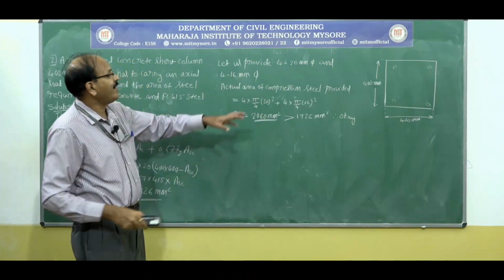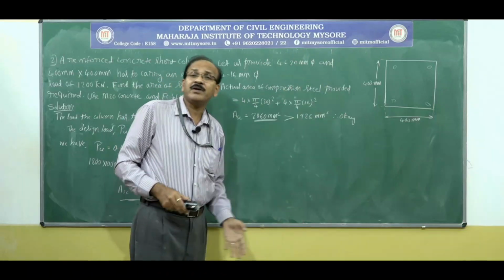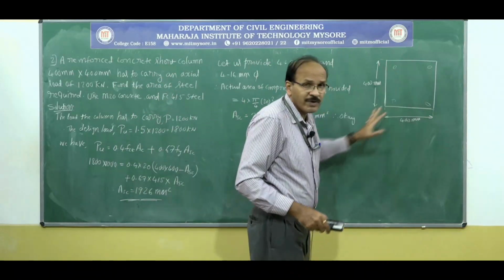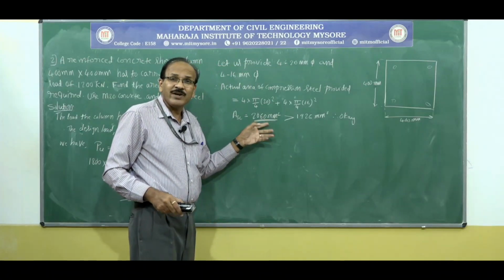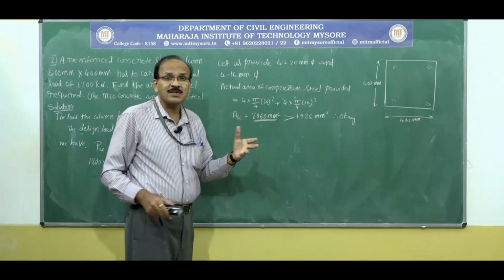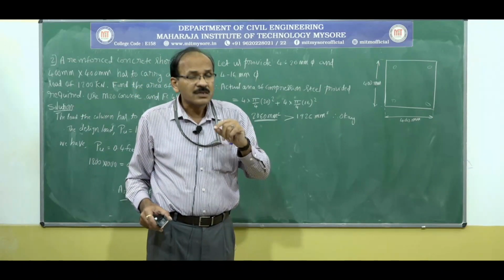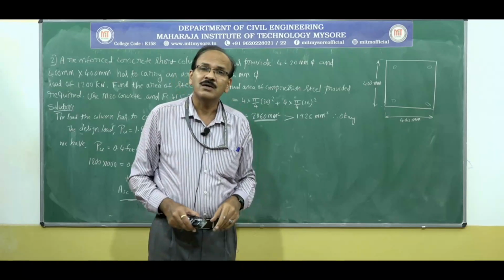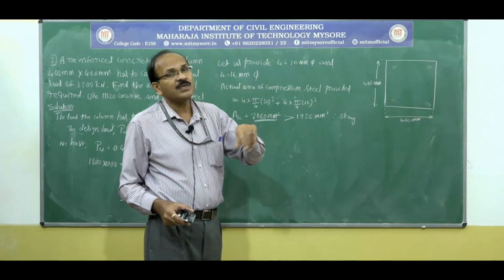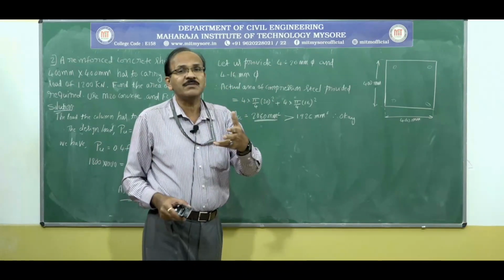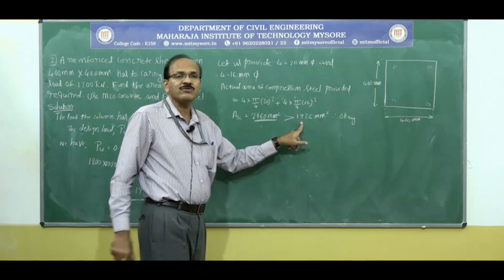So can we not provide 8 bars of 20 mm diameter? Yes, of course we can provide, but this is going to be greater than 2060, then the section is going to be adequate, but the problem is the section is going to be uneconomical. Okay. And can we provide 8 bars of 16 mm? Yeah, you can try 8 bars of 16 mm, and the area you are going to get will be less than 1926.